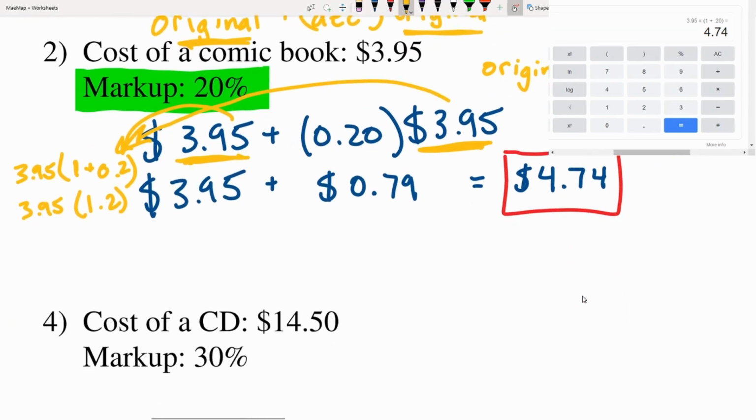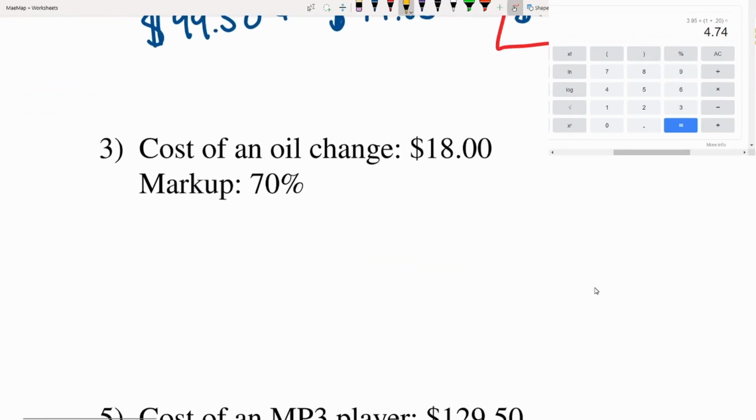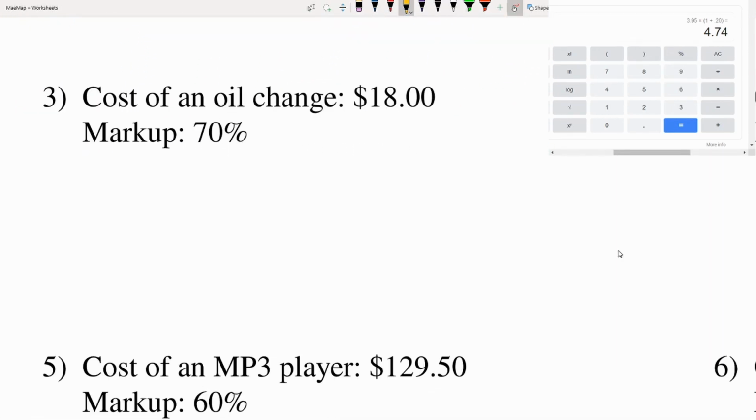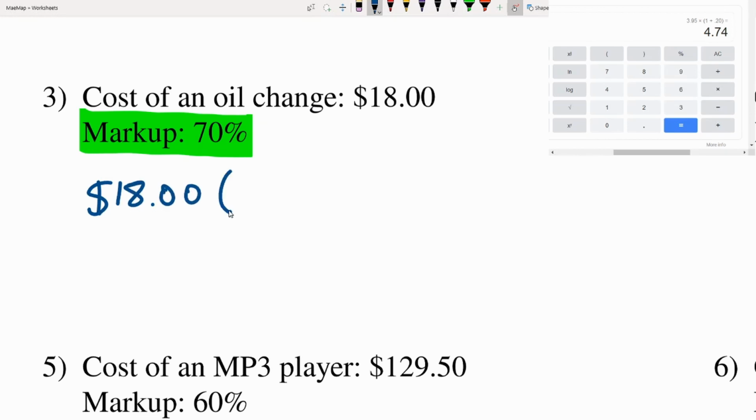Let's move on to number three, trying this simplified method. The cost of an oil change is $18, and it's got a markup of 70%. Again, we're marking it up. So if I have my original purchase price of $18, I'll multiply that by 1.70, because my markup is 70%.